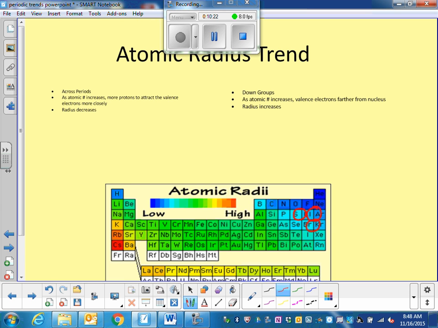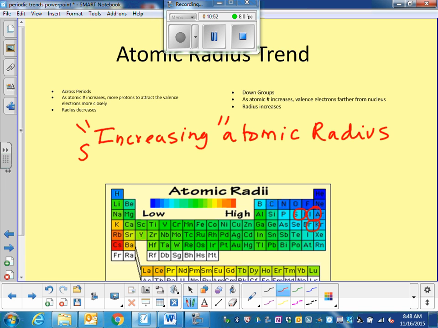Aiden, can you help me with this? I want you to order these elements. Now, this is not the same question that's being asked on that sheet. I'm going to ask you to order it in increasing atomic radius. Increasing means what? Getting bigger. So, smallest to biggest.